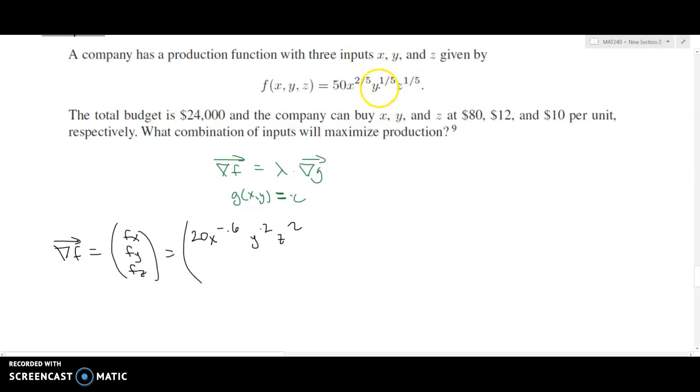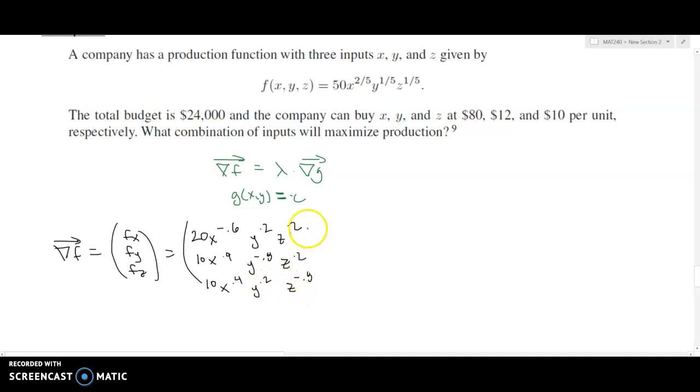The partial with respect to y will be 10x to the 0.4, y to the negative 0.8, z to the 0.2. And the partial with respect to z will be 10x to the 0.4, y to the 0.2, z to the negative 0.8.